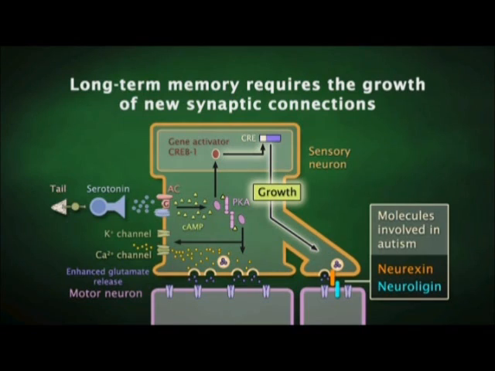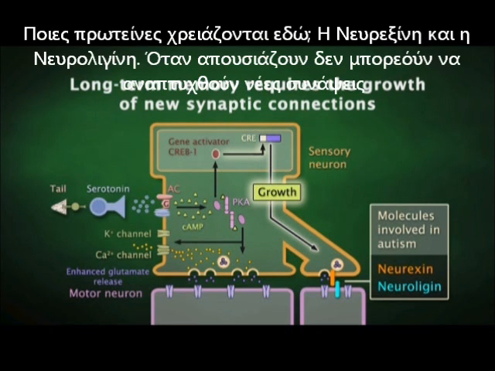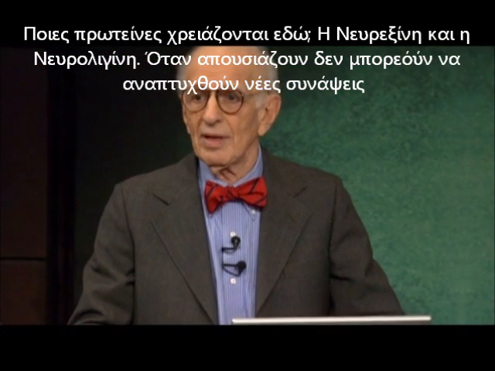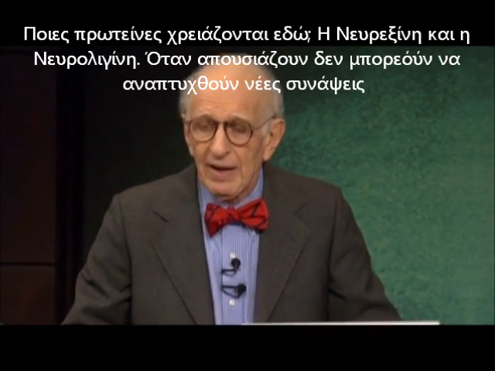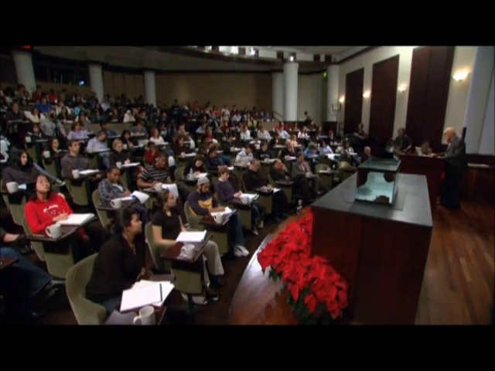Now, what are the kinds of proteins that are required here? Well, two of the proteins that are required are neurexin in the presynaptic neuron and neuroligin in the postsynaptic cell. Have we heard about these before? Yes. Tom brought them in as being zippers, important in developmental synapse formation.